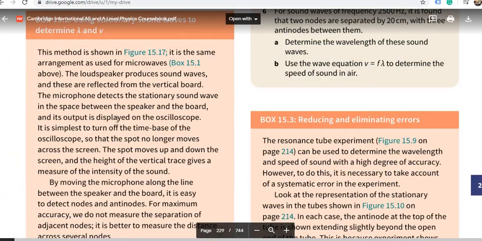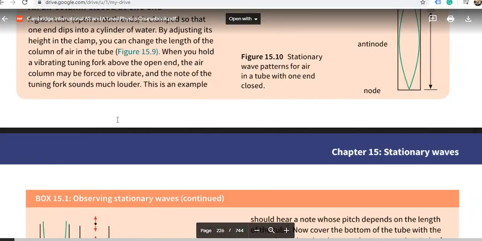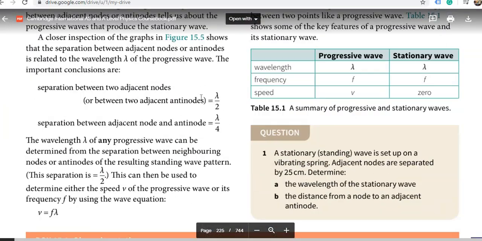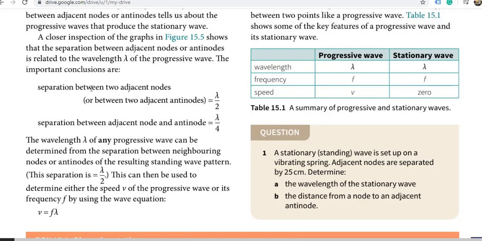Let's quickly have a look at the diagram. Yeah, that's what they explained here.